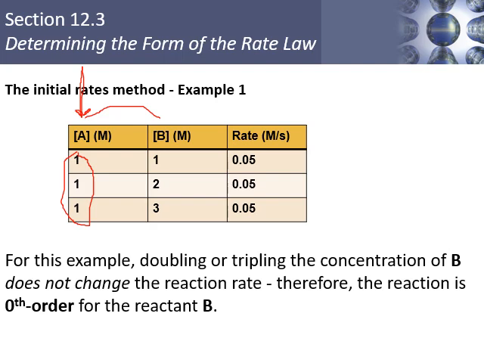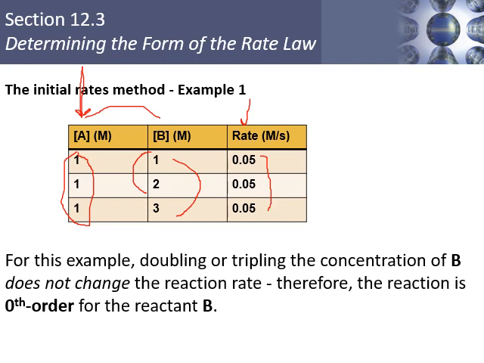And in each of those, we're keeping the concentration of A at 1. So the concentration of A is not changing. What we're changing is B. So between this run and this run, we double B. And between this run and this run, we triple B. So we look over here to see what happens to the rate. And so if we look over here, the rate doesn't change.